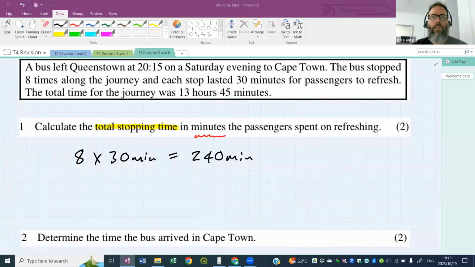Answers are coming through thick and fast. Very good. Let's have a look at this one.